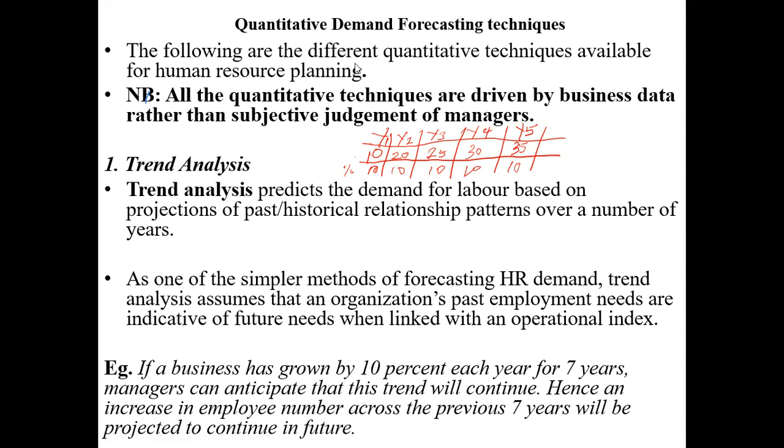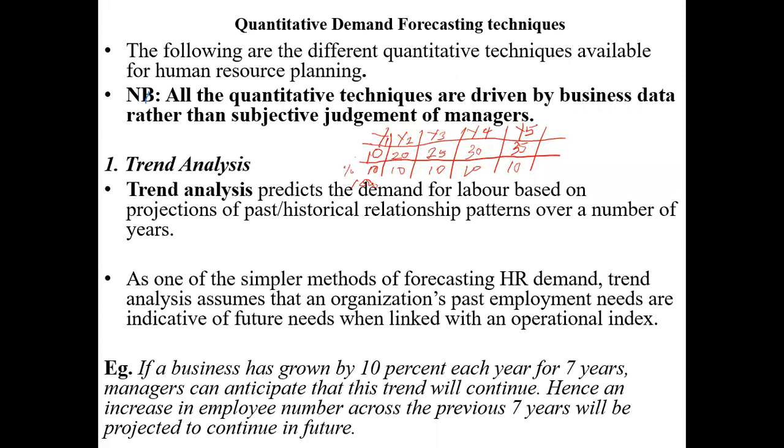Let me explain that portion very well for you to get it. So 10%, we know. Let's assume for year 1, the growth rate, which was 10%, amounted in terms of revenue generation to, let's say, 1,000 cedis.